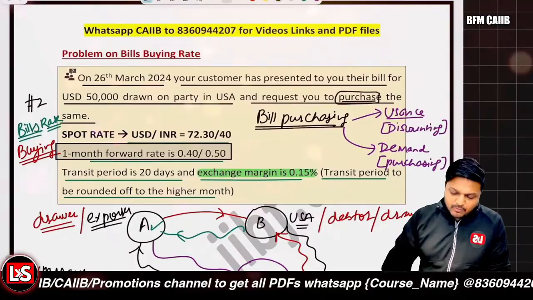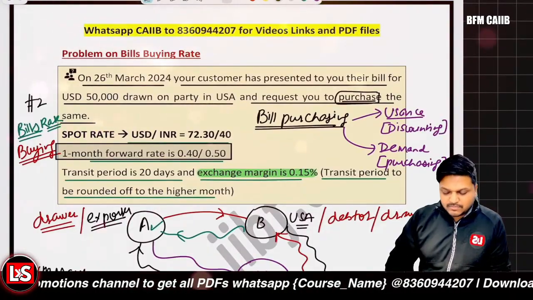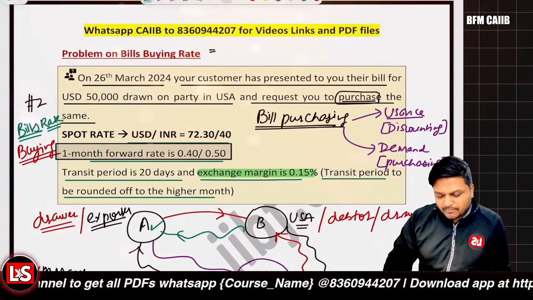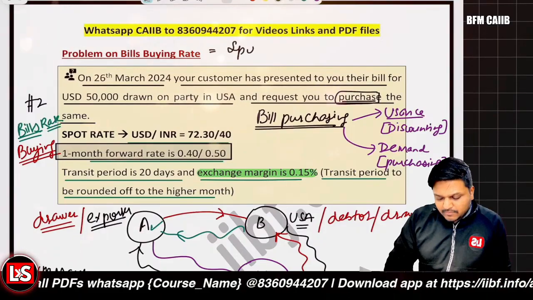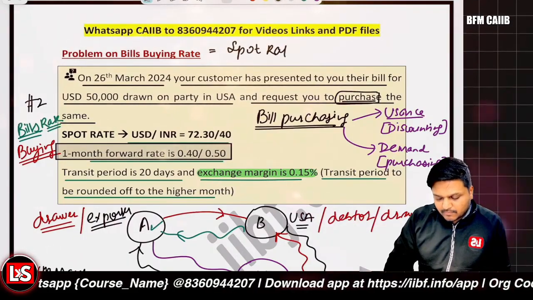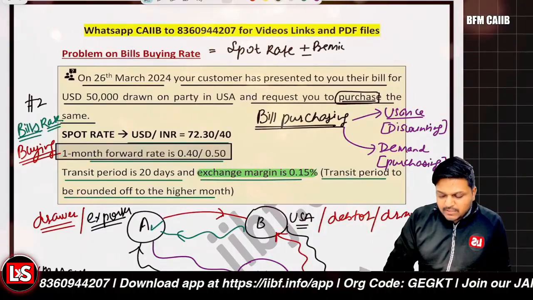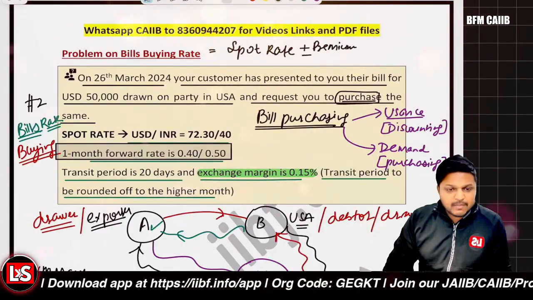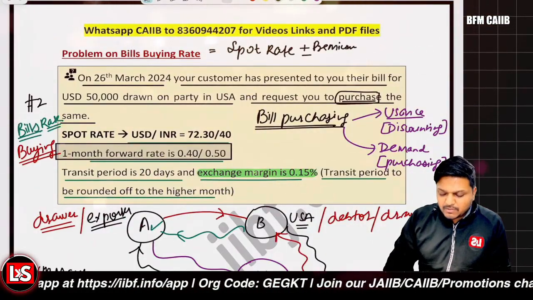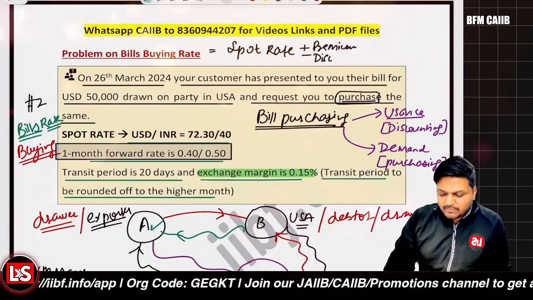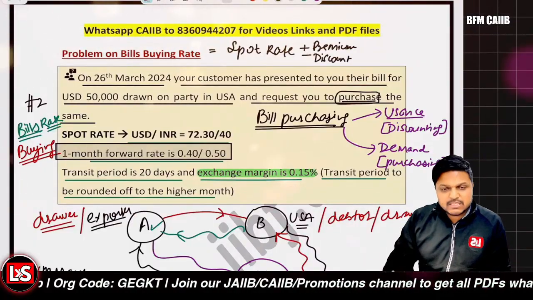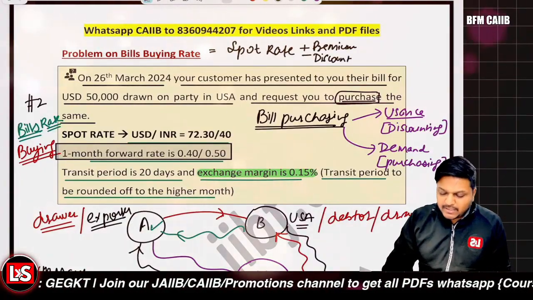So what formula would be there related to the bills buying rate? Very much easier to calculate. Spot rate plus or minus the forward points: these are to be added up if the currency is available at premium, or discounted if the currency is available at discount, right?